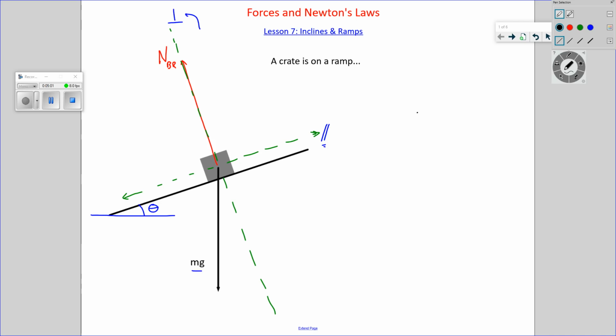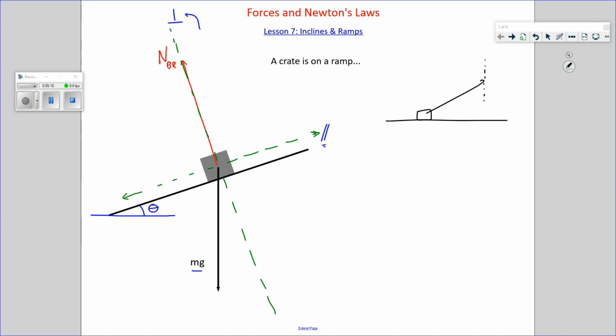well, again, don't draw this, but if we had a force acting like this on an object on a horizontal surface, the way I think about it is I say, this is how far to the right this thing goes, this is how far up that thing goes.